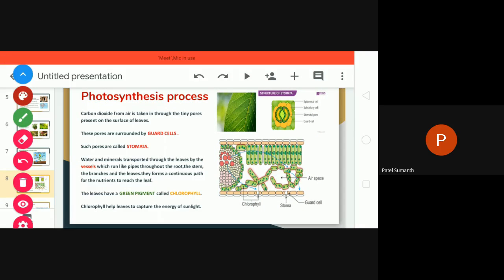Sir, I didn't understand the tiny stomata. Okay, see, plant leaves absorb carbon dioxide from the air, right? So how do they absorb? Leaves contain small, tiny holes. Pores are nothing but holes. Small, tiny holes are present on the surface of the leaves.